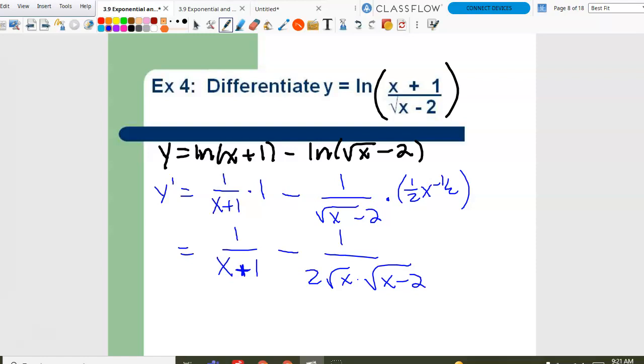No, it's just my pen. Oh, you mean in your problem it's over the whole thing? Wouldn't it be just 2 to the square root of x? I was wondering. It'd be x minus 2, so that one would just extend to the negative 1/2.